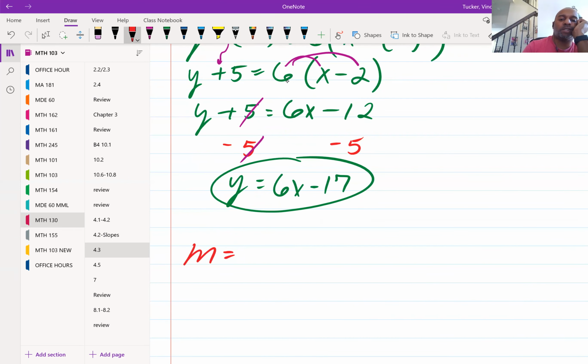So same directions. This time our slope is 1/2, and the point is, let's go 8, 3.